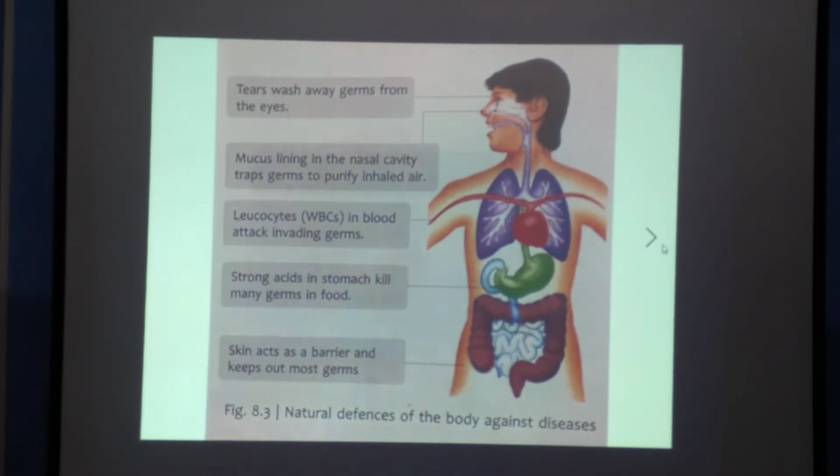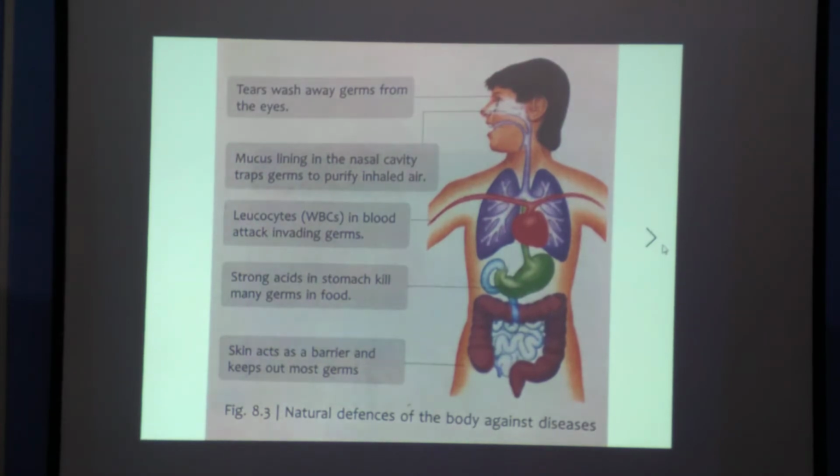So it makes antibodies which attack the foreign bodies that enter our body and prevent diseases. So that is what the antibodies do. The immune system produces antibodies, and antibodies will ward off the infection-causing foreign bodies or microorganisms.